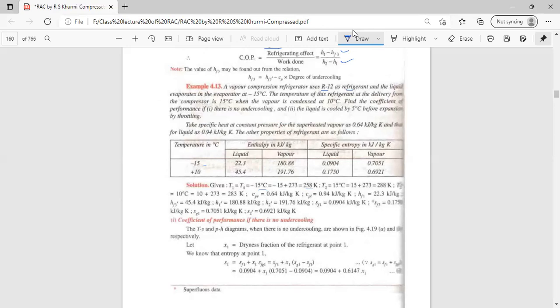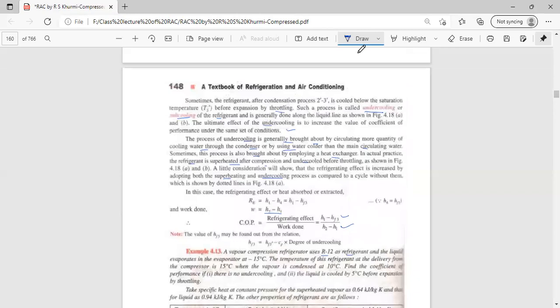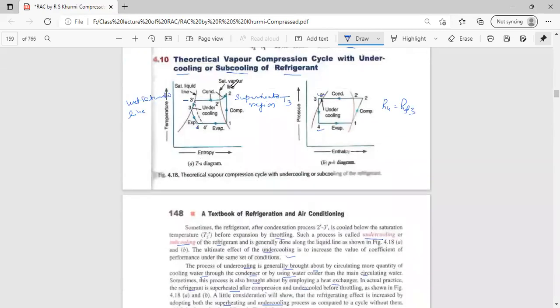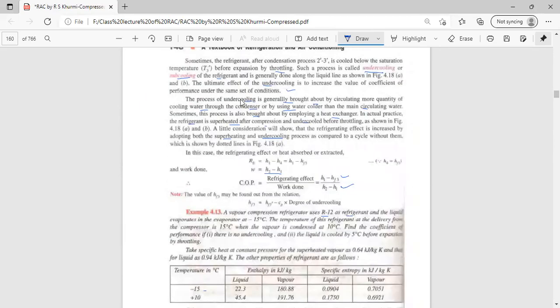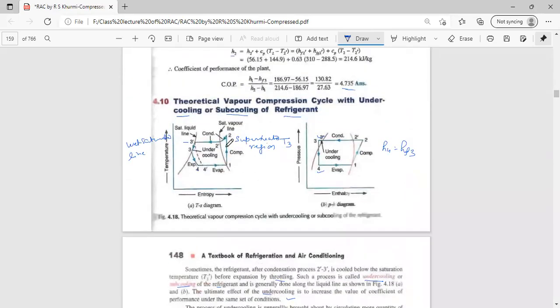That is 50 plus 273, which is 323 Kelvin, which means the temperature given here is calculated, as well as the temperature given here is also calculated.